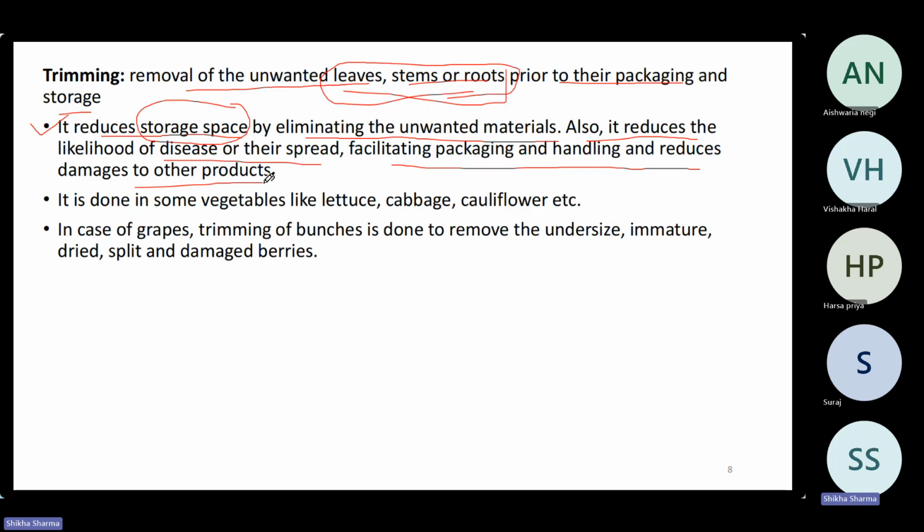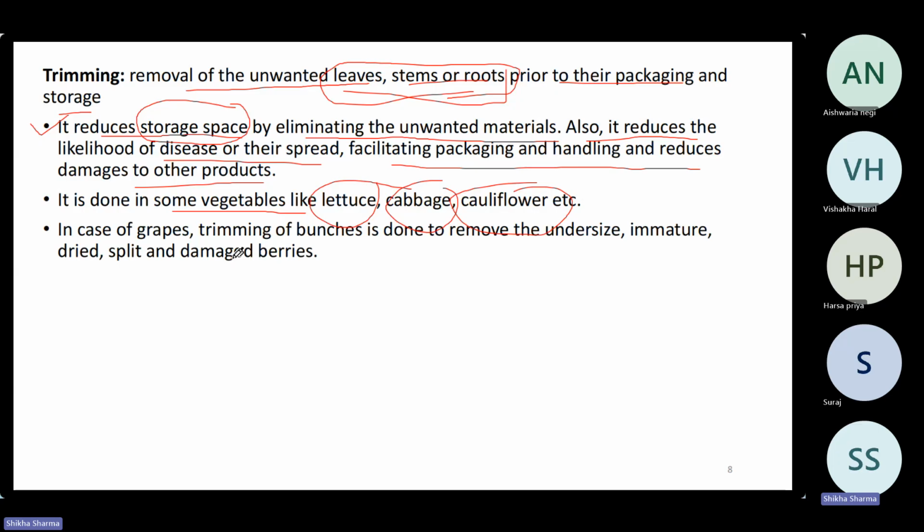So it's better for packaging and easy for handling also. It is done in some vegetables like lettuce, cabbage, and cauliflower. They are trimmed before packing.